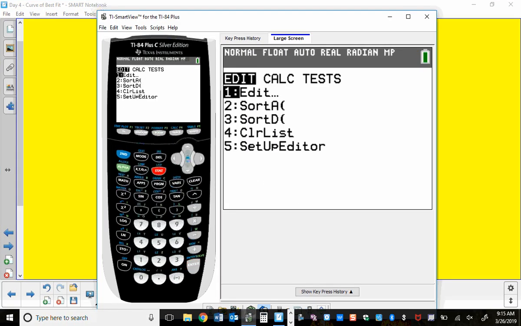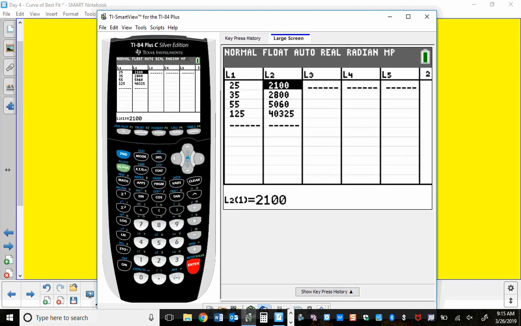So hit stat and enter. I'm going to clear out my information first. Okay, so for my L1, I have 1, 2, 3, 4, and 5.